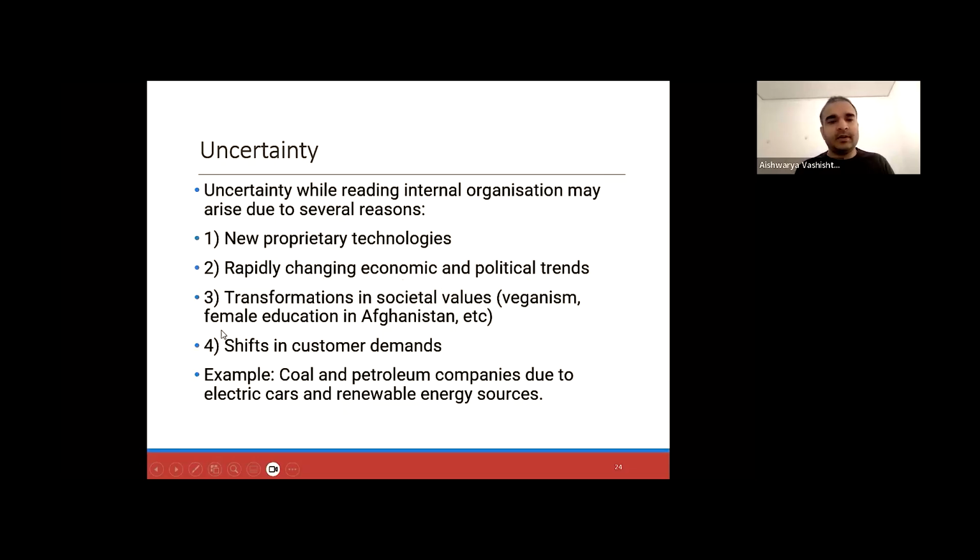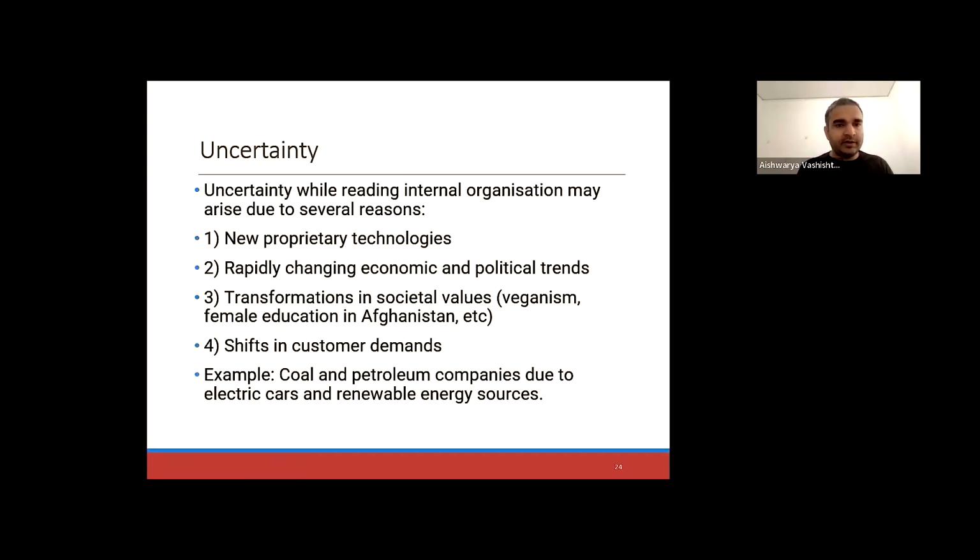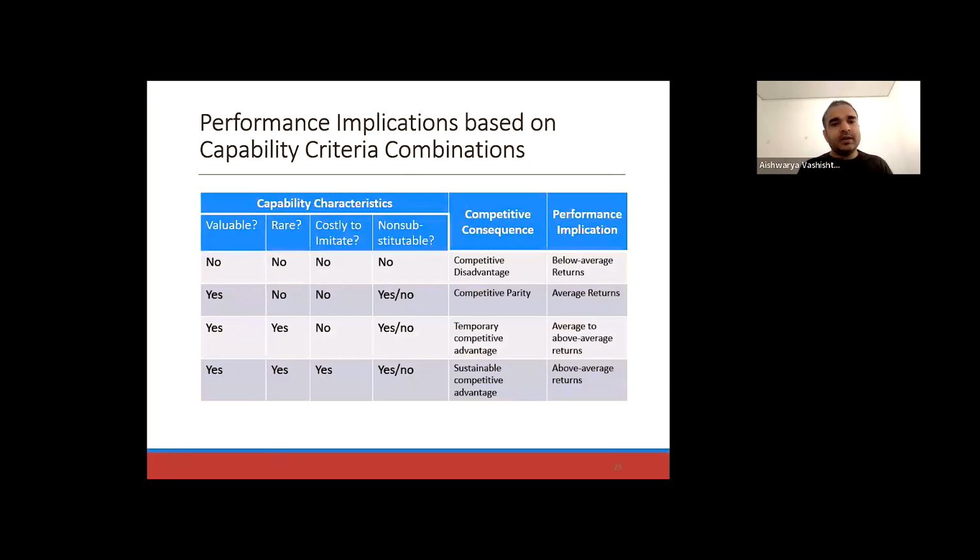You may have a resource, like if you are in the field of education or attire, but your core competence or capabilities become useless if you are in Afghanistan, and shift in customer demands, right. So all this uncertainty could make analyzing your internal organization difficult, right?